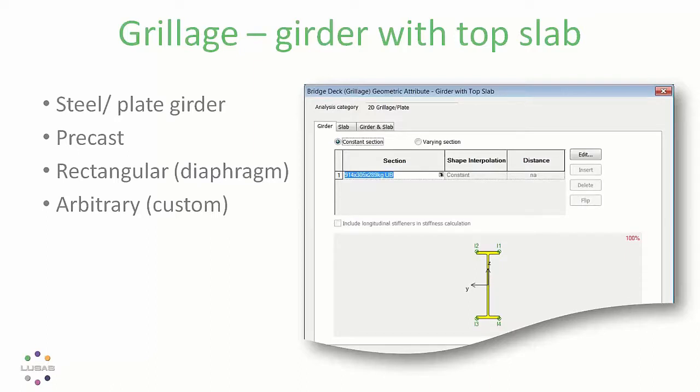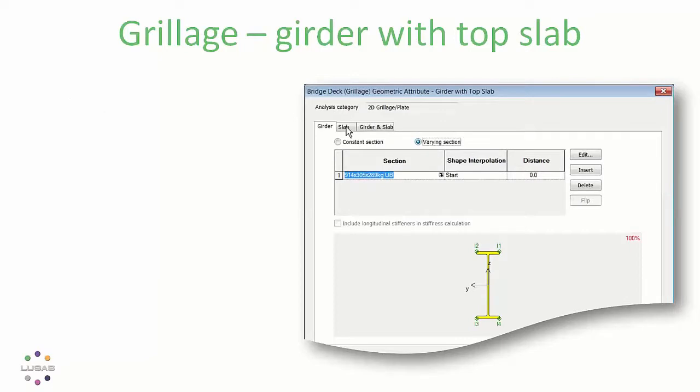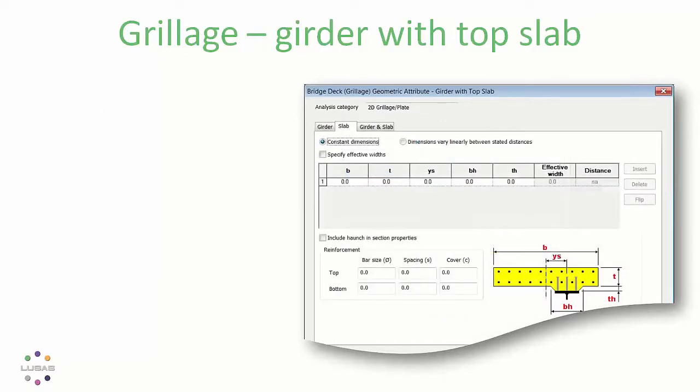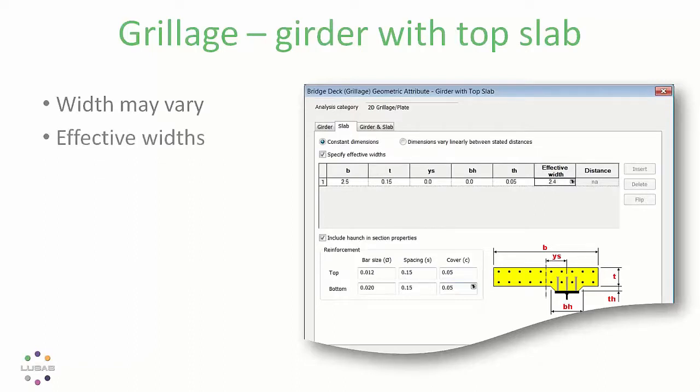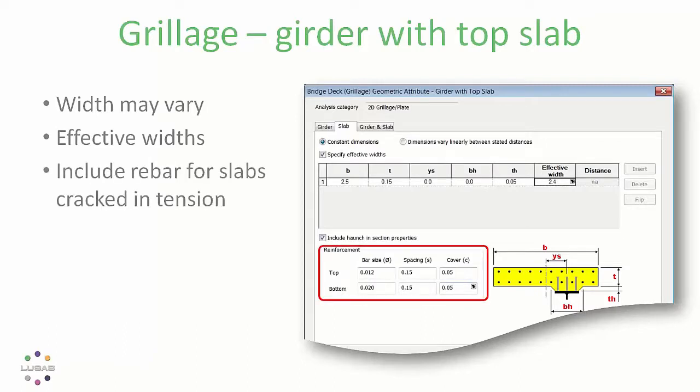And on top of these sections, we can apply a slab. Now, these slabs can have a width. That width can vary. We can look at the effective width on the slabs as well.